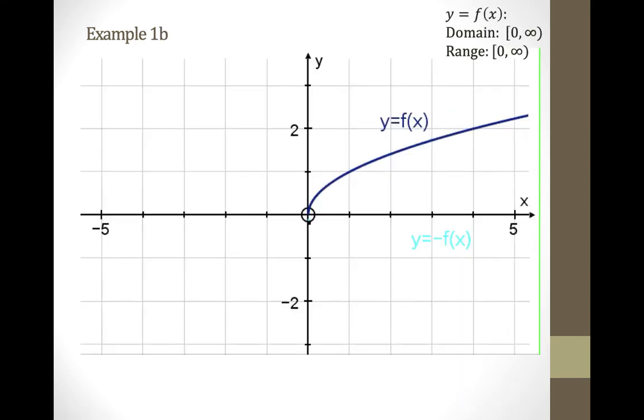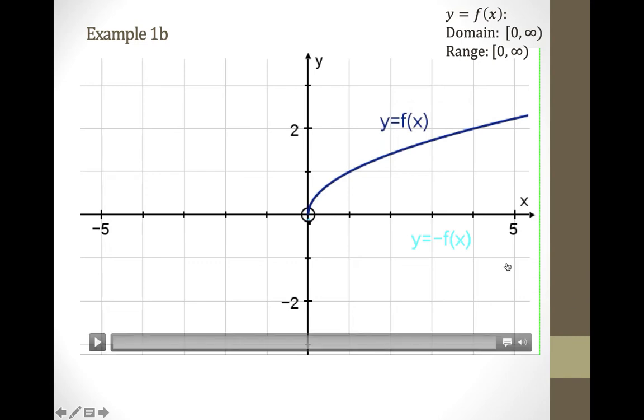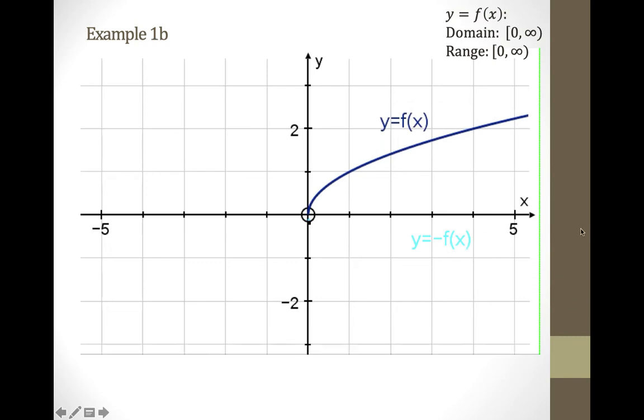So for part B, we had to graph y equals -f of x. So if you recall, that's describing what kind of reflection. It'll be the reflection through the x-axis. So we will take key points and reflect them through the x-axis.